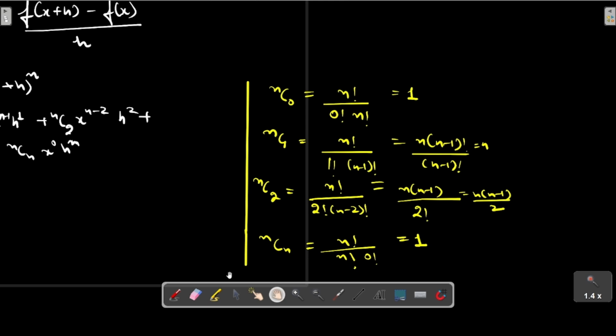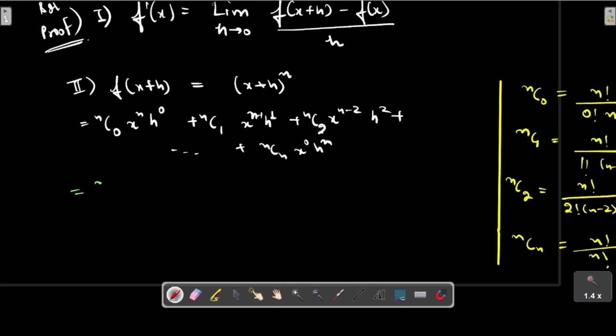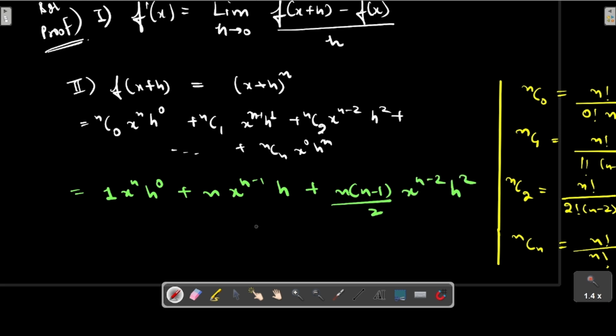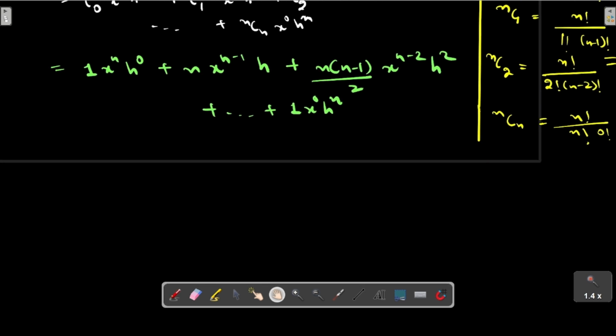Let's just sub in these values over here. So nc0 is your 1 x to the power of n h to the power of 0 plus n x to the power of n minus 1 h plus n into n minus 1 over 2 x to the power of n minus 2 h square plus 1 x to the power of 0 h to the power of n.